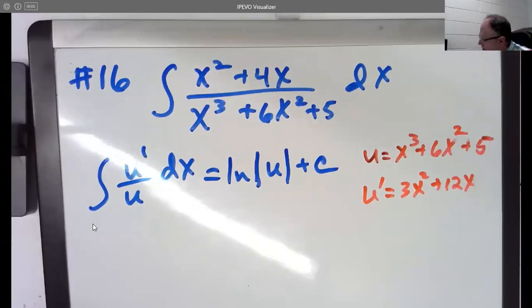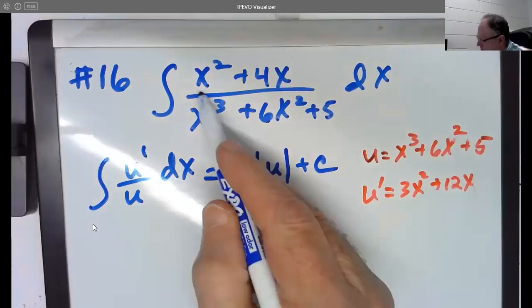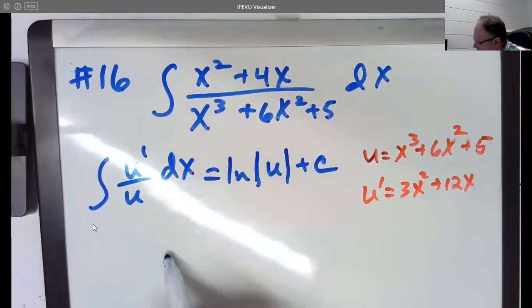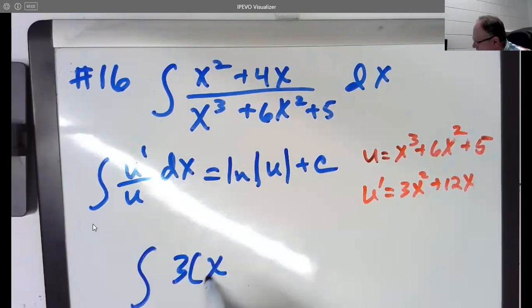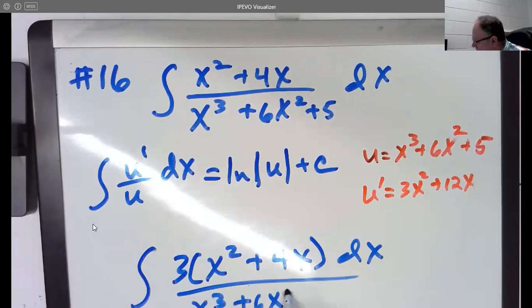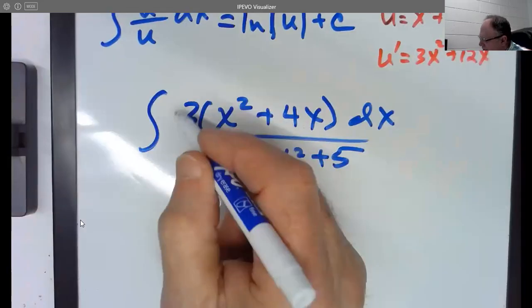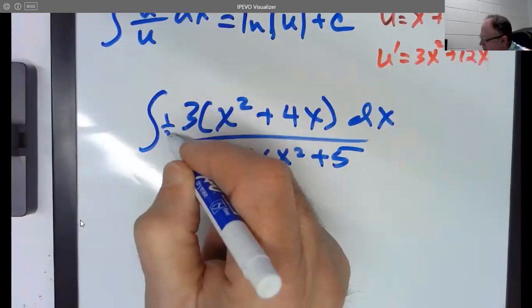All right, so that means we need to multiply 3 into both. So this will be 3 times x squared plus 3 times 4x dx over x cubed plus 6x squared plus 5. But we can't just multiply by 3, so we have to multiply by 1/3.